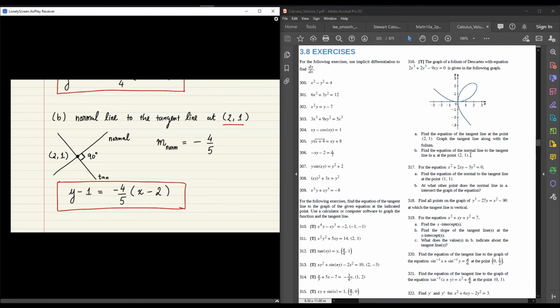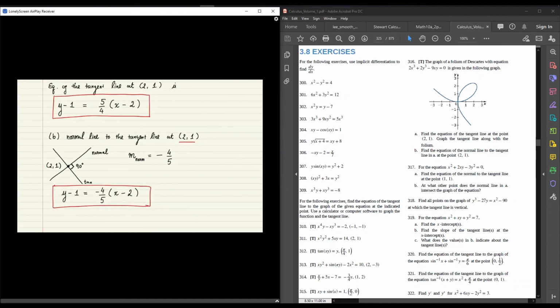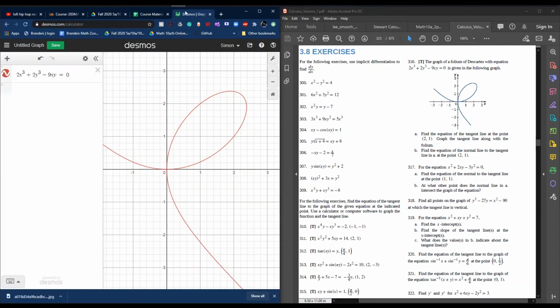Let's go into Desmos to see the graph of the equation. So here I have the function of the folium of Descartes, and we are looking at the point 2, 1. And the equation of the tangent line that we obtained is y minus 1 equal to 5 over 4 of x minus 2.